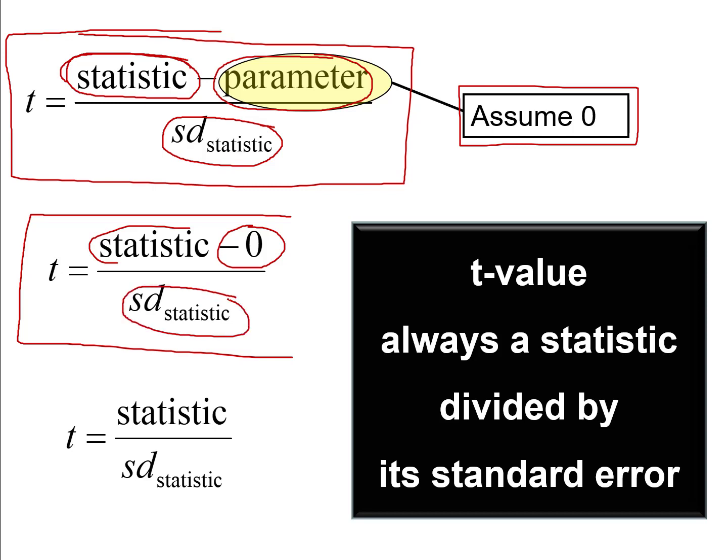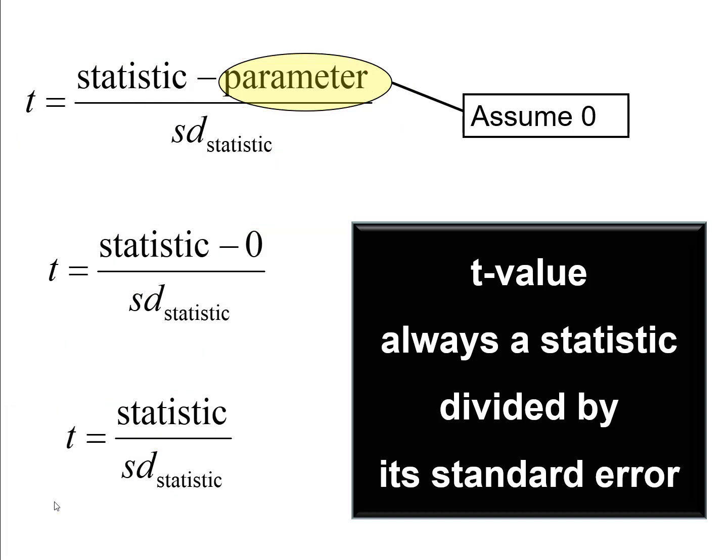And of course, that will simplify. That simplifies to what I have at the very bottom of the page: a statistic divided by its standard error, a statistic divided by the standard error of that statistic. We're going to be working with t-values at several points throughout this course, and every time we do, the formula will always be the same thing. It will always be a statistic.